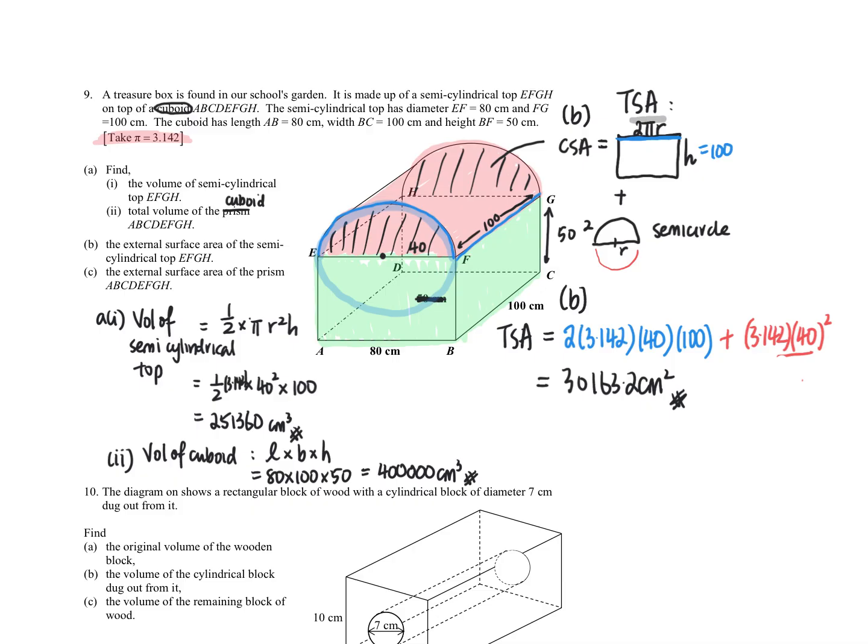I forgot to half it. Because when I find 2 pi r, I'm finding the whole circle. But actually, I only have half of it. So this one, you need to half it. Times half, please. Okay, my bad. So the answer will be slightly different.